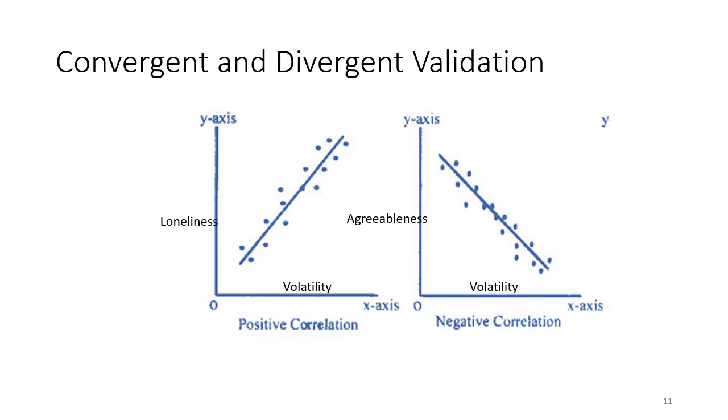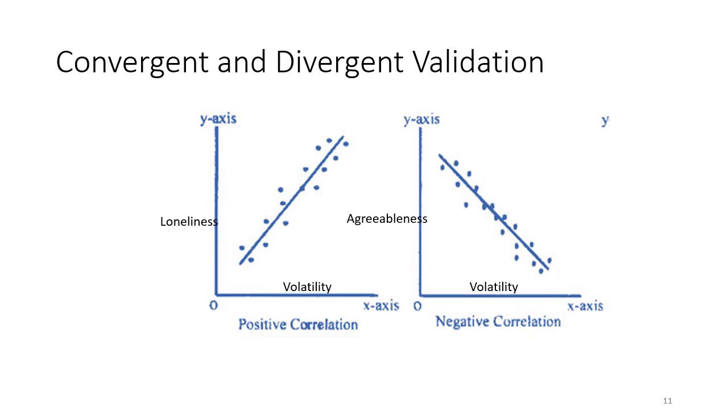Similarly, we would expect a negative correlation between volatility and agreeableness. And so if someone is high in volatility, way up here, we might expect them to be low in agreeableness. And so this person has a very high volatility score and a low agreeableness score. This person has a high agreeableness score and a low volatility score.